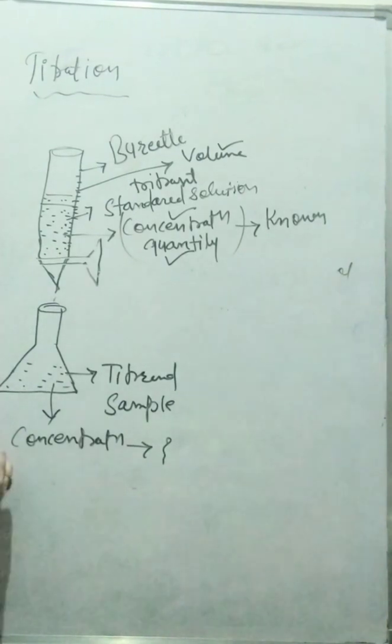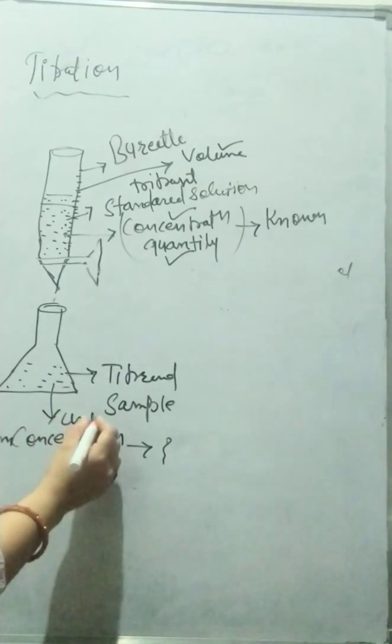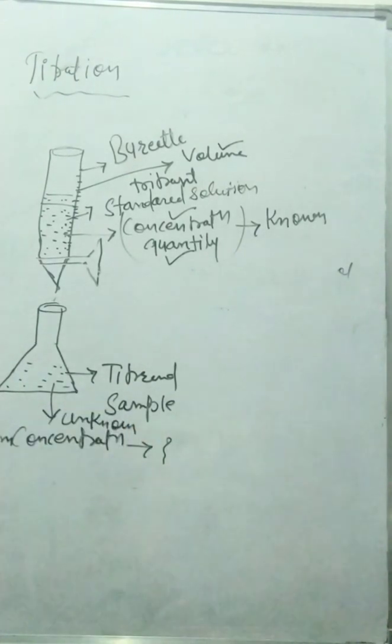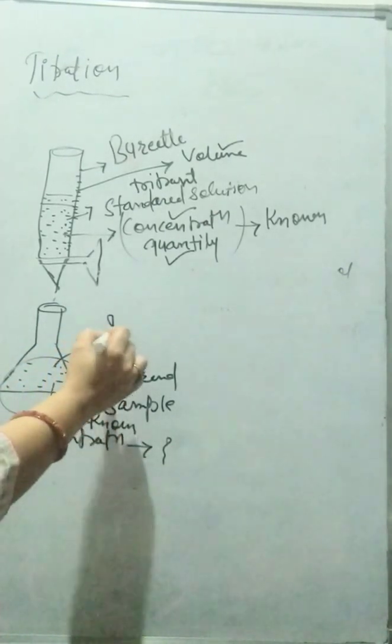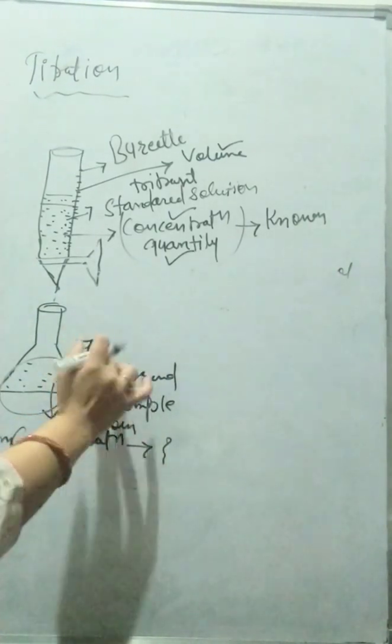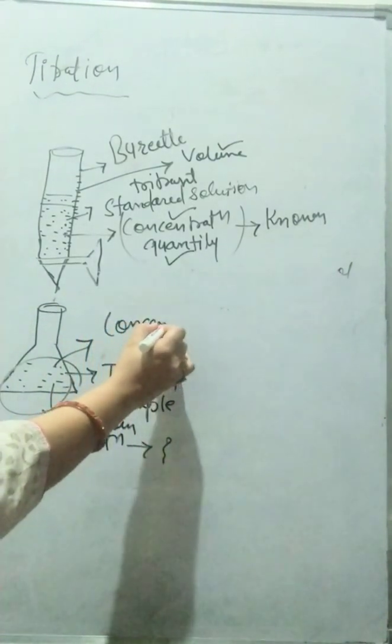So this is unknown concentration. Okay, we know only about the quantity of this solution. We know how much solution we have taken in this flask, like 10 ml, 20 ml, 100 ml. So we have to measure the concentration of this solution.